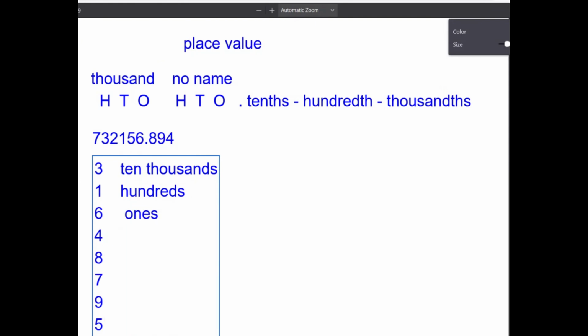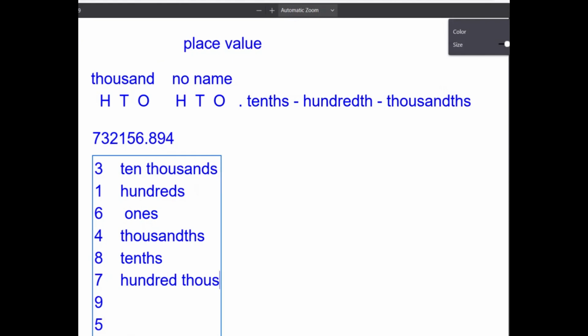The 4, it's on the right of the decimal point, and it's the third one, so it's the thousandths. Then 8, 8 is the first digit after the decimal point, which we call tenths. 7, it's the greatest digit, which we call what? Hundred thousands. The 9 is the second digit after the decimal point.